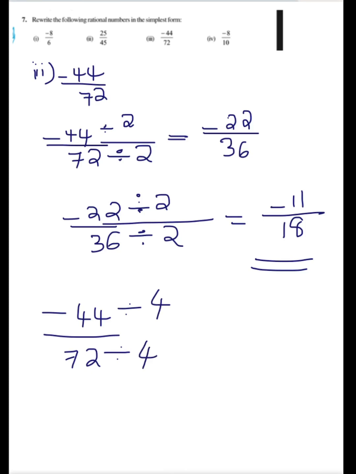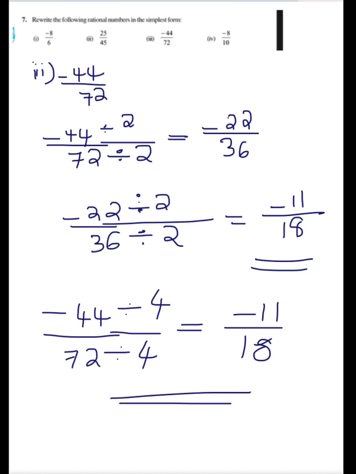So if you divide both numerator and denominator by 4, you will get the answer very soon as minus 11 by 18. You can directly divide using the HCF, or you can divide using common factors. Either way, the answer should be minus 11 by 18. So that's the answer for the third question.